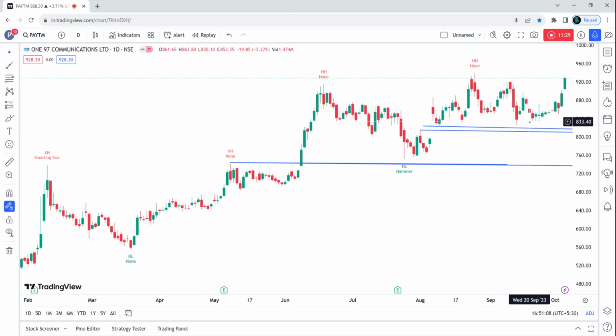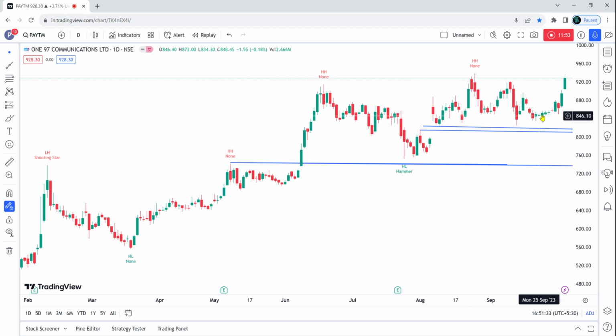So on a closing basis, you can say that it is forming a double bottom kind of pattern. And in terms of candlestick wicks, meaning shadow wise movement, I think it is forming a higher bottom. So that is another indication that after respecting this gap, if a higher bottom forms, there was a possibility of a further up move.